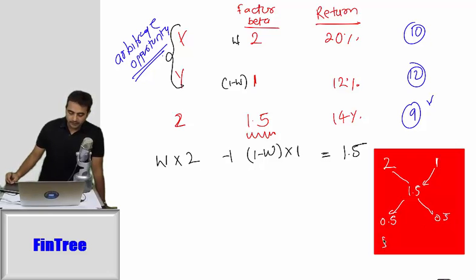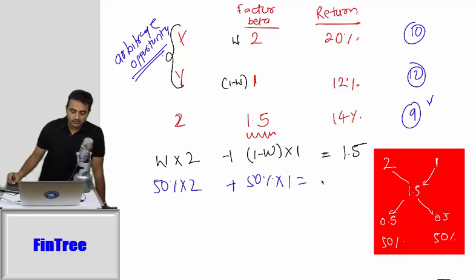So 0.5 is 50% of 1, 0.5 is 50% of 1. So your weight 1 and weight 2 should be 50-50%. So here 50% into 2 plus 50% into 1. So we will get a portfolio beta of 1.5. Agree?